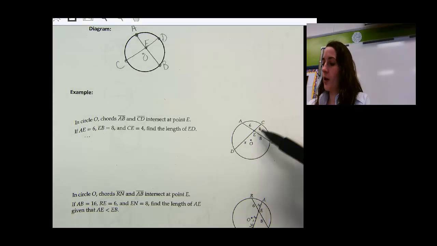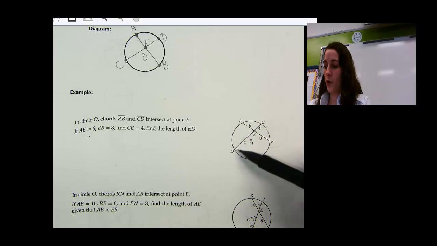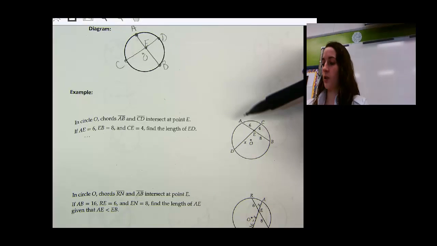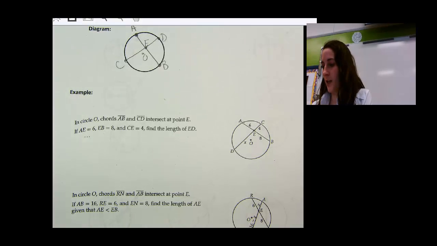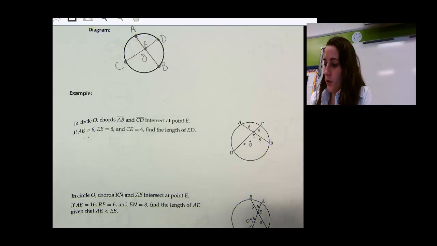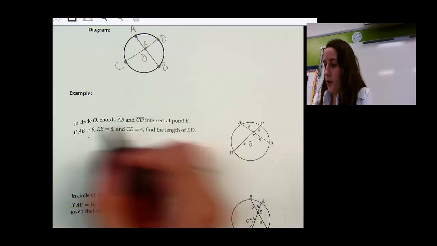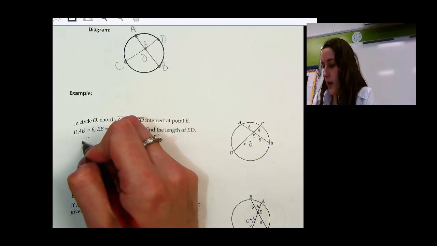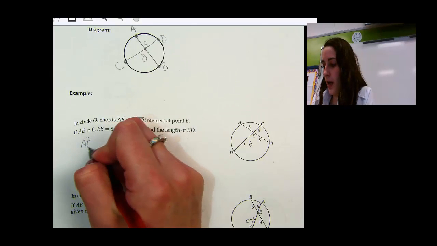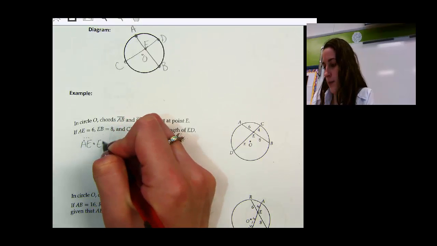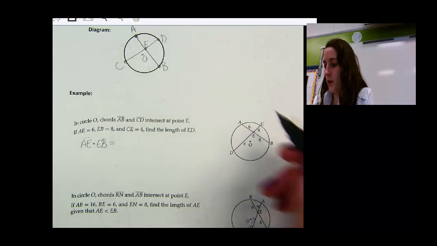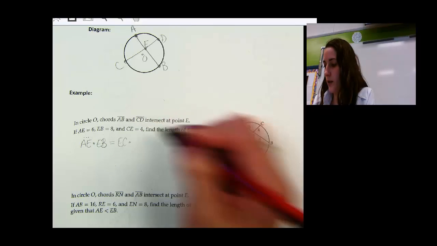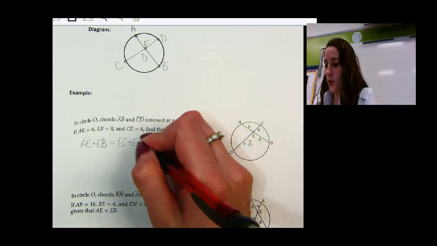Okay, so we know that each piece of the chord multiplied together is going to be equal to each piece of the other chord multiplied together. So to find segment ED, we're going to first look at AB. We're going to multiply AE times EB, and that's going to be equal to EC times ED. And ED is what we're trying to find.